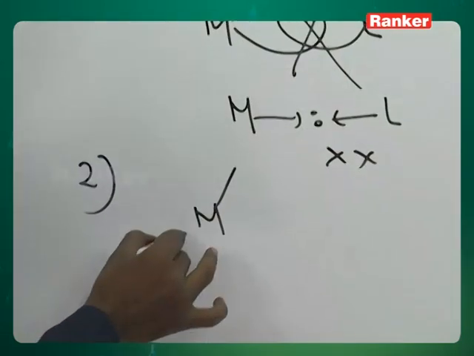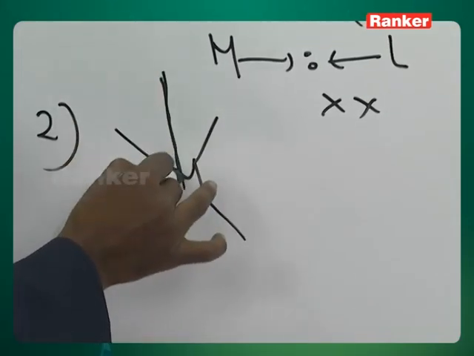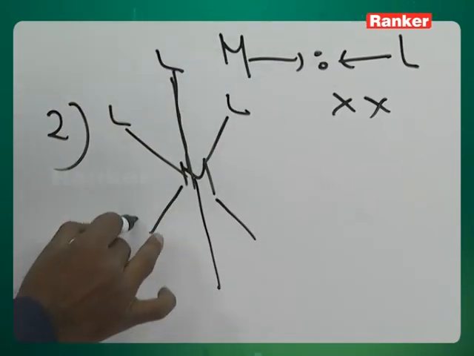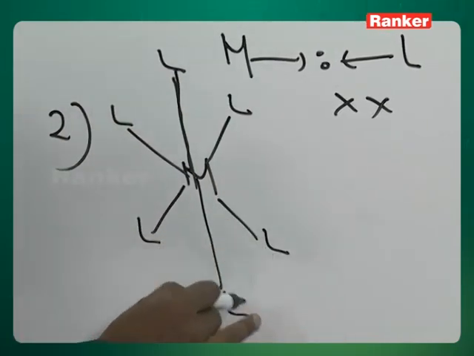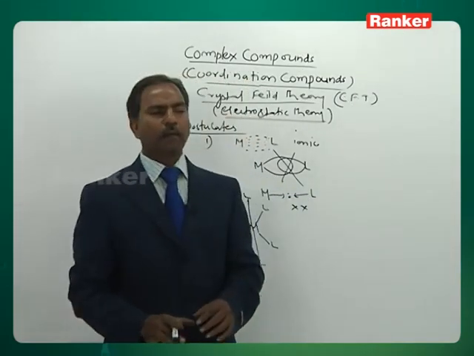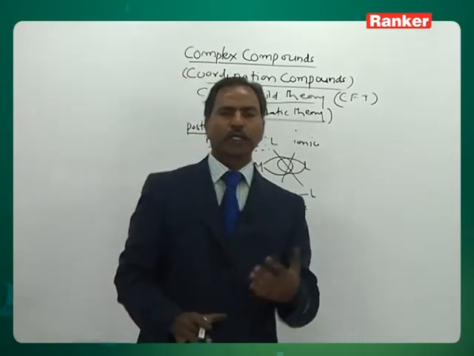Metal ions are surrounded by different types of ligands; it may be a negative ligand, a neutral ligand, or a positive ligand.